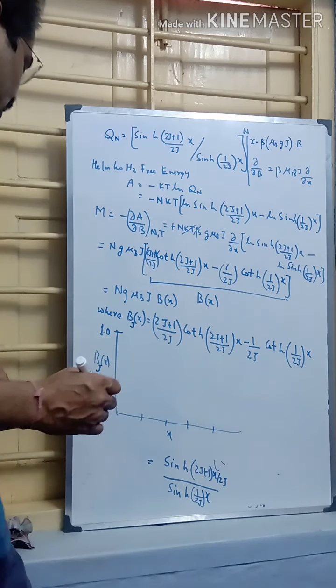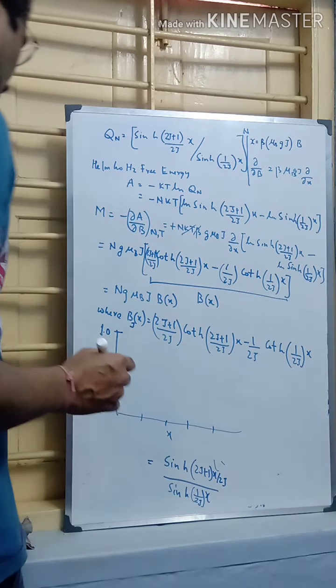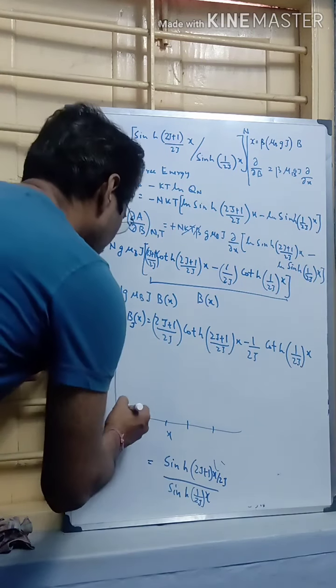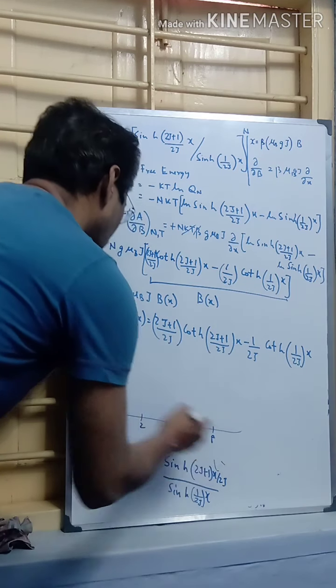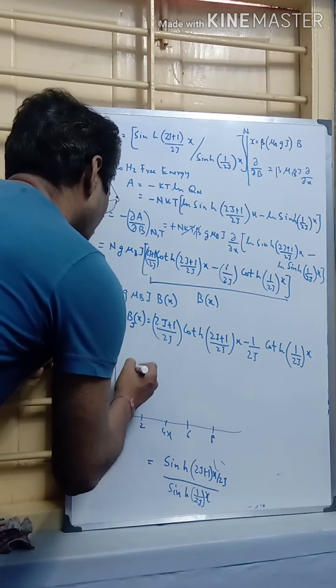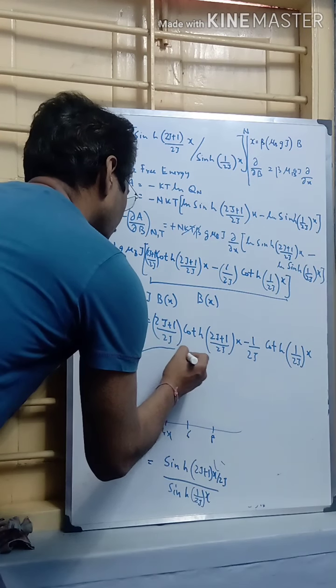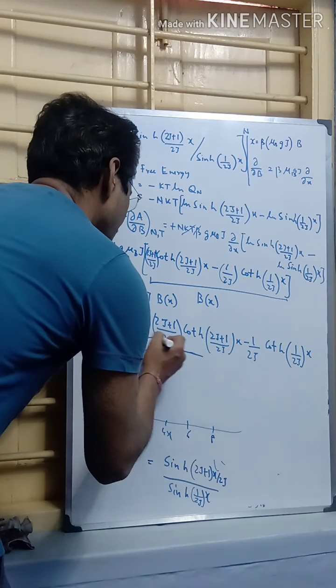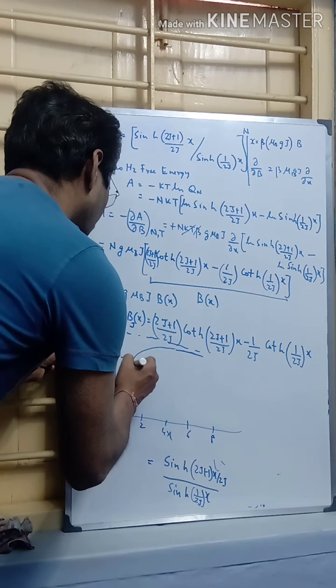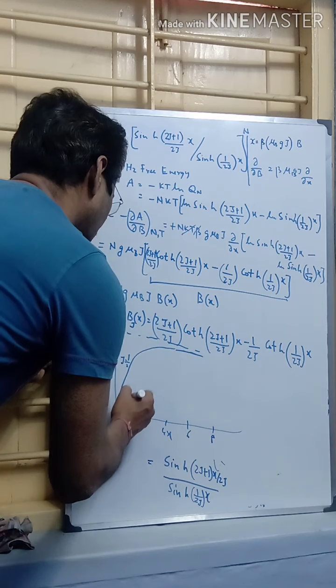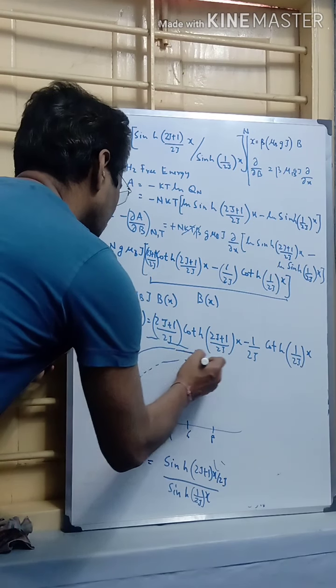For j equal to half it goes something like this. For j equal to 3 by 2 it goes like this.